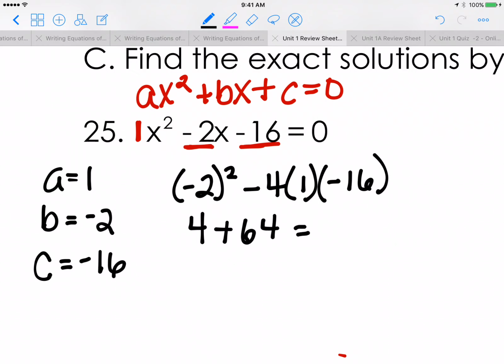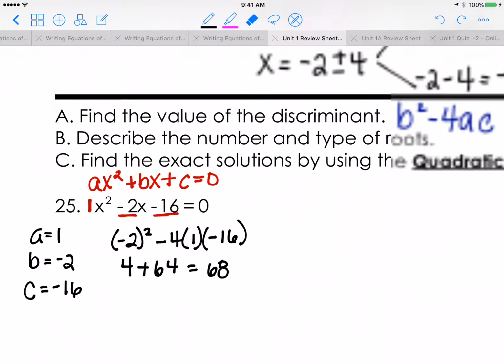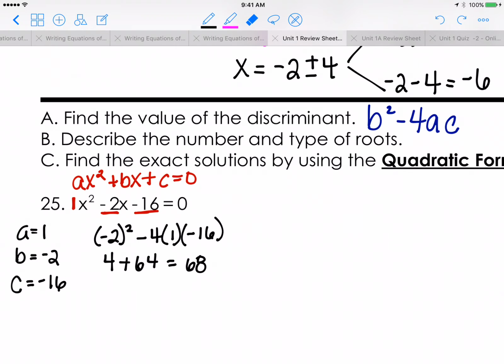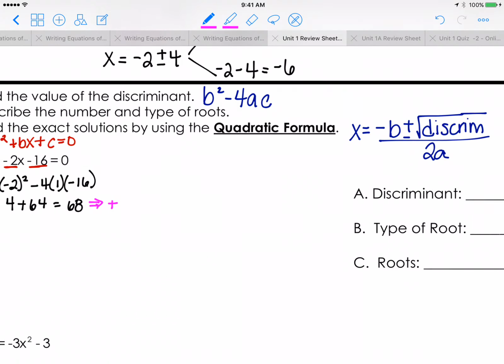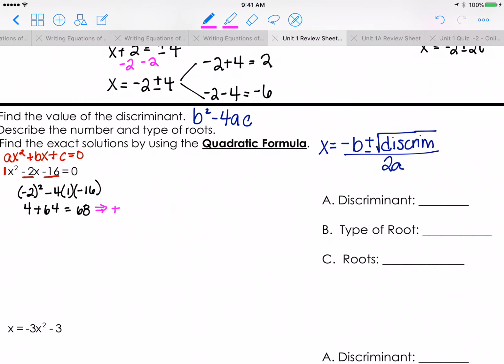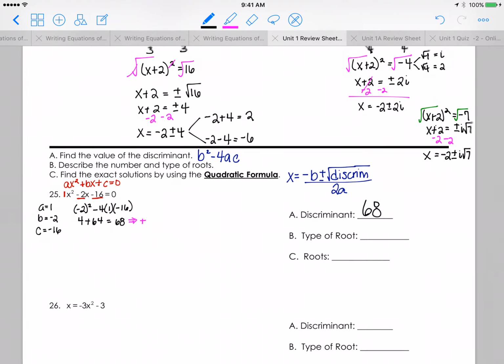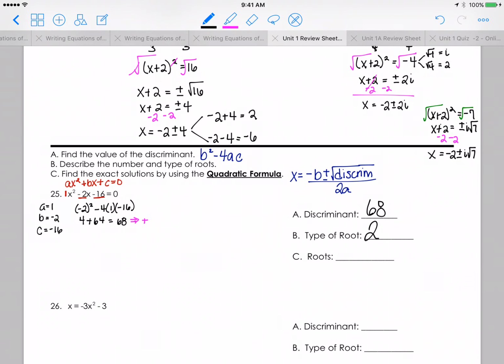So now we know that 64 plus 4 is going to give us 68. So we found the discriminant, and it says to describe the number and types of solutions. Because this is a positive number, it's going to have 2 real roots. So the discriminant is 68, and the type of roots is 2 real roots.